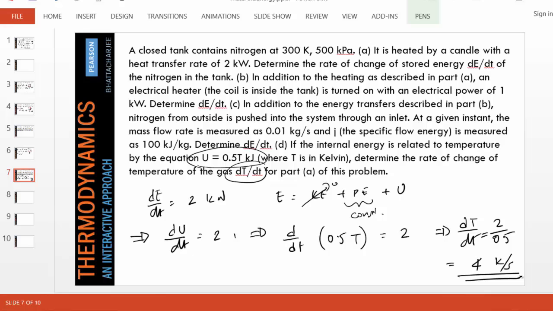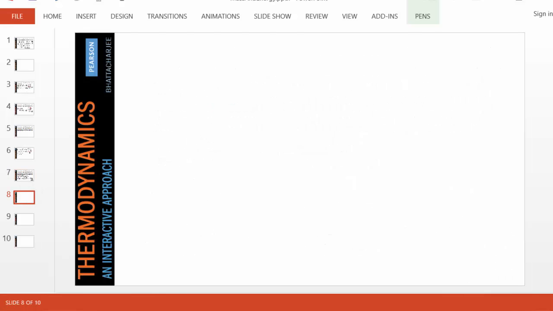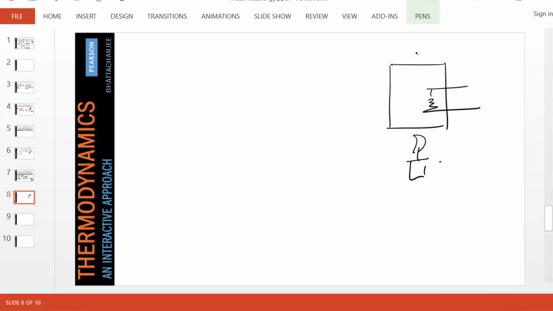Quite a simple problem. Let's just take a minute to say a word about entropy in this problem. So let me just draw this again. And my question is, suppose the same problem, we would like to know what is dS/dt. What does that involve? I know this is not part of the problem.